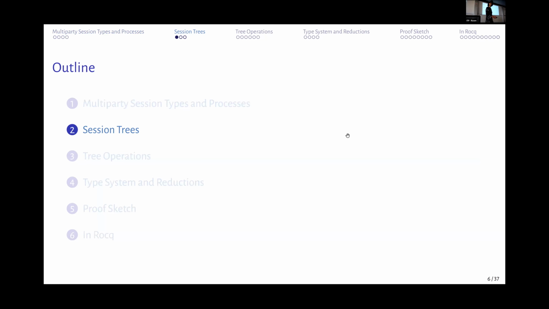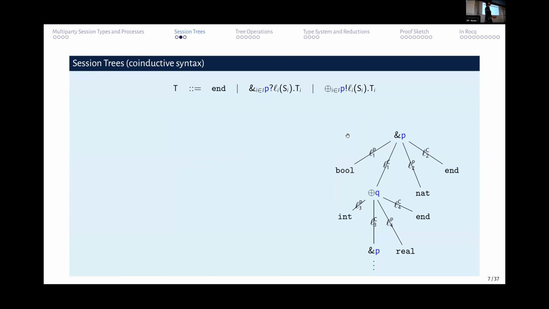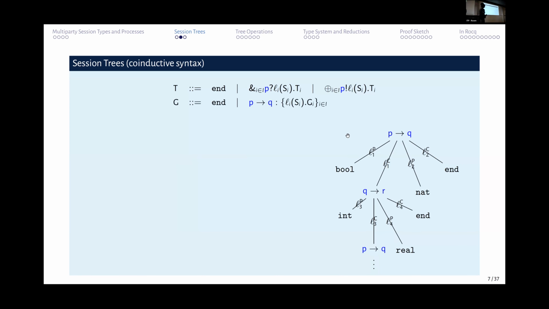So what is a session tree? The important thing for us is that it should be interchangeable between local and global types, so we should carefully think about data structures. First of all, this is a local type of the session types.